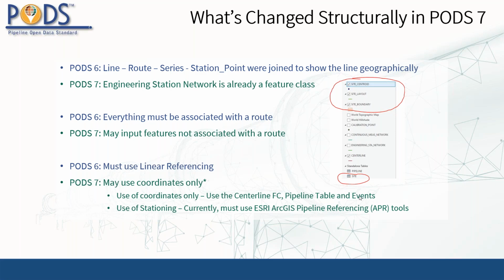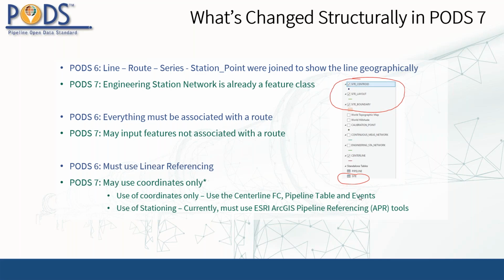And right now, currently, the only tool out there for PODS 7 to manage these workflows, to manage your loading of center lines and events, is APR, our GIS pipeline referencing tools. So this is why you saw in the agenda that we were going to talk about APR.